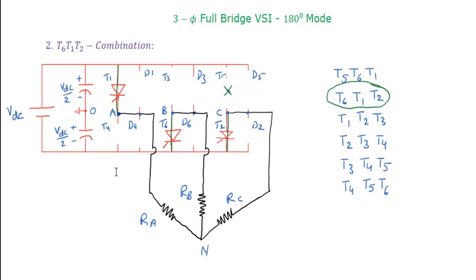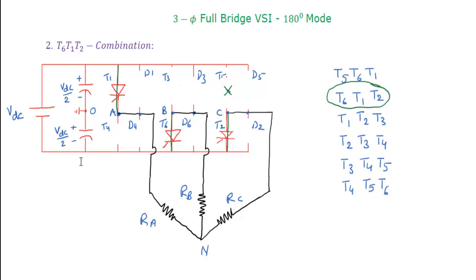Phases connected in parallel get lesser voltage, that is VDC by 3. The phase connected alone, in series with the parallel combination, gets more voltage, that is 2 times VDC by 3. These are the two things we need to remember.